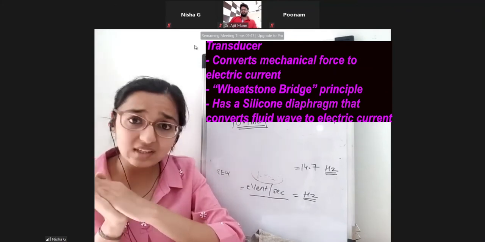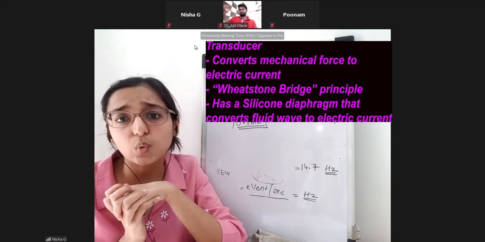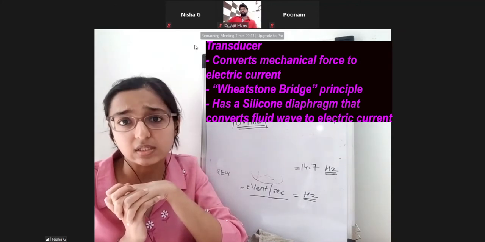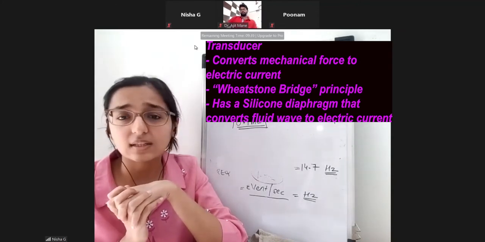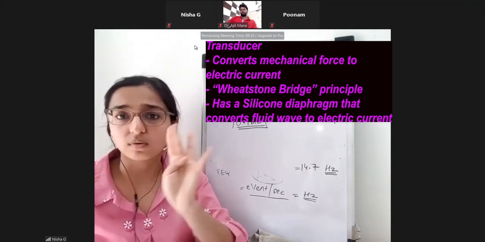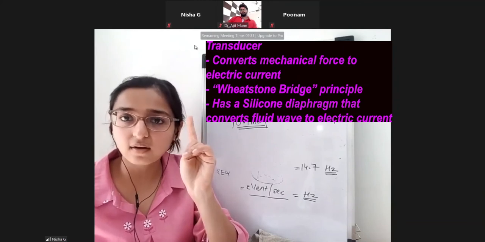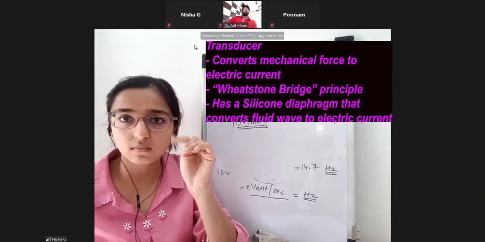The principle behind this transducer is the Wheatstone bridge principle. There are 4 resistors, R1, R2, R3, R4. Out of which 3 resistance values are fixed, and the 4th one is variable.